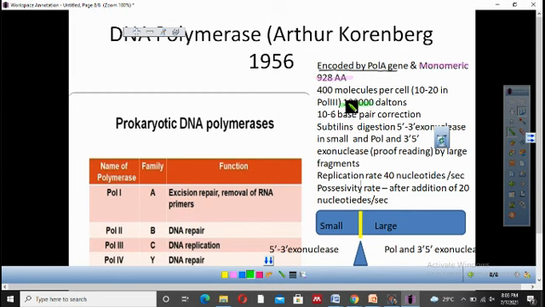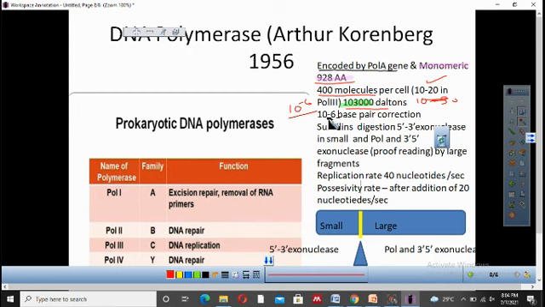Sorry, it should be 10 to 20. Okay. So the number of amino acids is 928, the molecules per cell is 400, and the molecular weight is 103,000 Daltons, and the error rate is 10 to the power minus 6 base pair corrections.